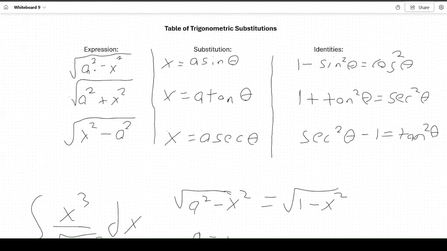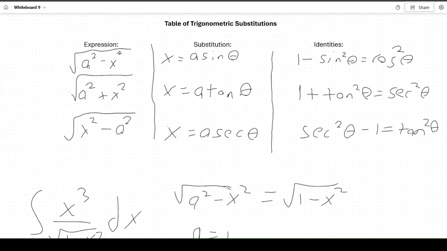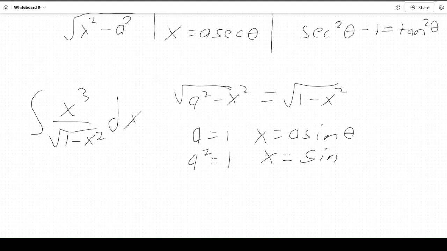Since we use this expression, now we have to look at this substitution. So the x in this case would be a sine theta. In this case, it would be just sine theta.